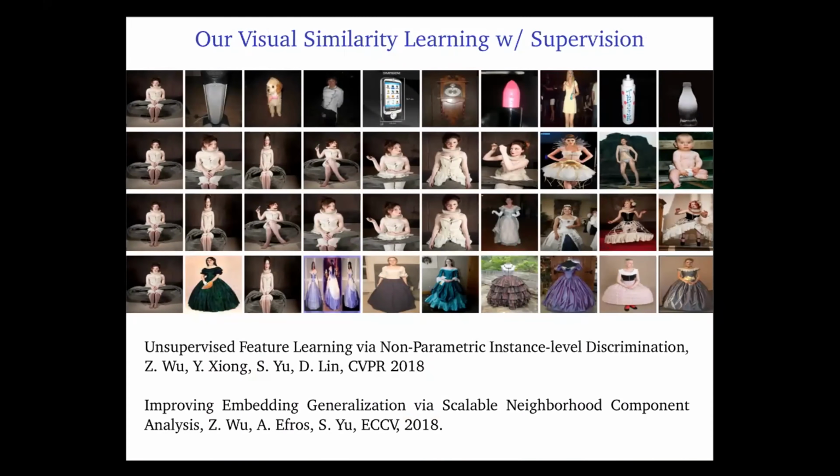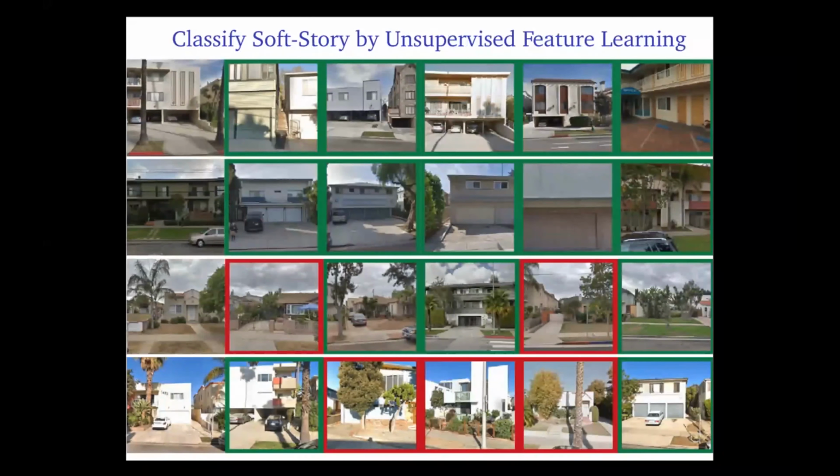We haven't seen any soft story building, no instance. We just apply this out of the box to our Streetview photos. And again, the first column has the queries and the rest of the columns are nearest neighbor retrievals from a labeled set. And because we have the labels, we know which one is soft story, which one is not, okay? These all happen to be soft story queries, and the green boxes indicate the nearest neighbors that are soft story as well.